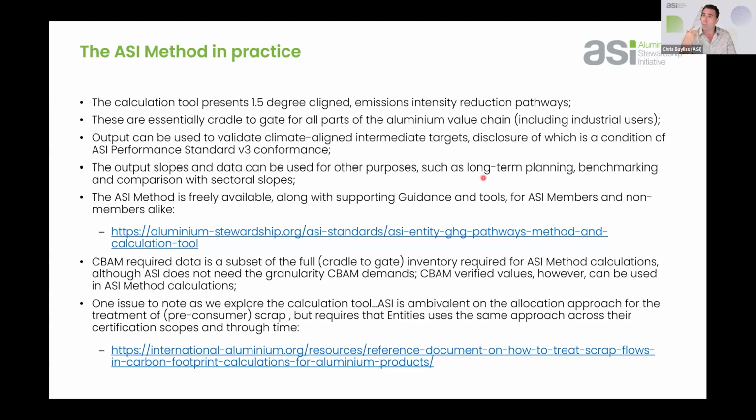If you're doing work for ASI and completing our inventory, as Ganga mentioned earlier, you have all the data you need for CBAM, but you might need to make it a bit more granular for CBAM purposes. This is a really important point across all greenhouse gas accounting: there is no singular way of presenting emissions data.